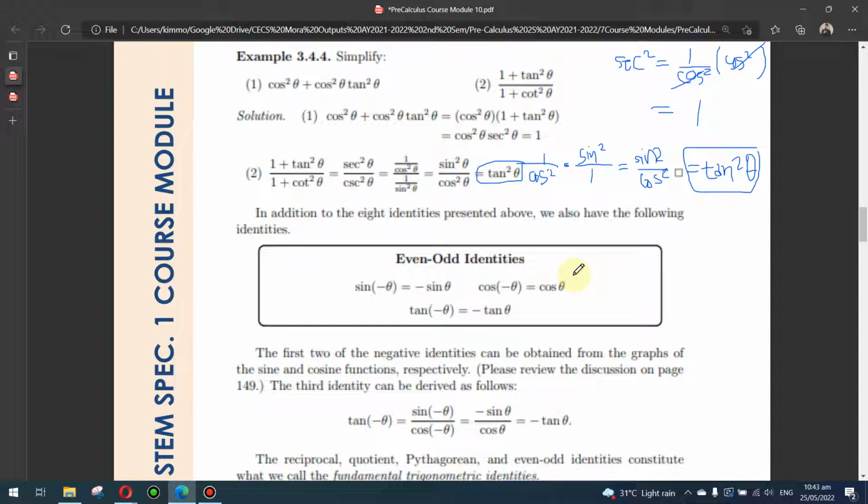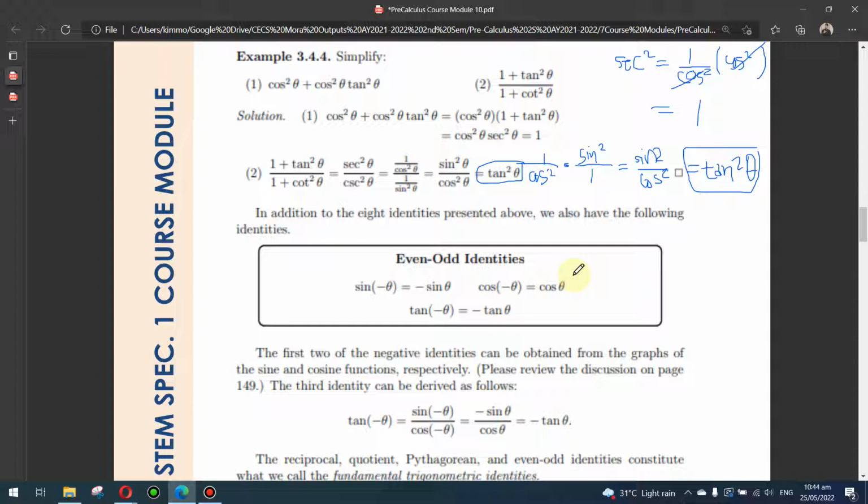You can try that on your calculator by inputting different values. For example, cosine of negative 45 is square root of 2 over 2. When we put cosine of 45, our answer is still equal to square root of 2 over 2.